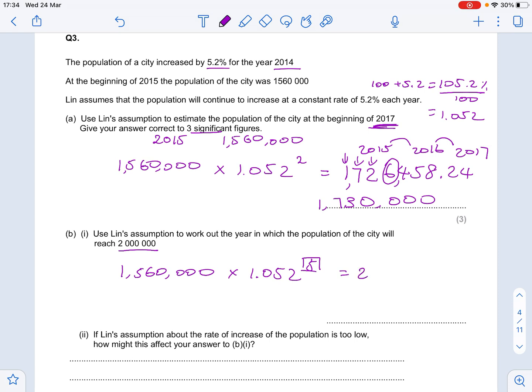Let's see what I get. So this number is over 2 million. So I'm just going to try what happens after 4 years.